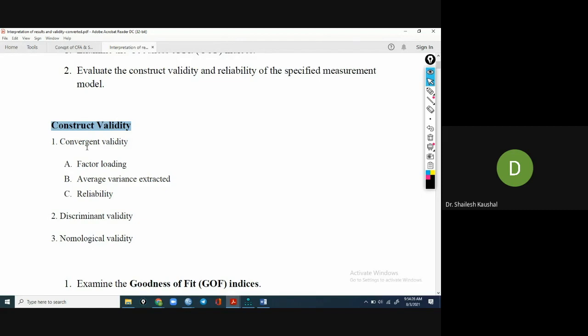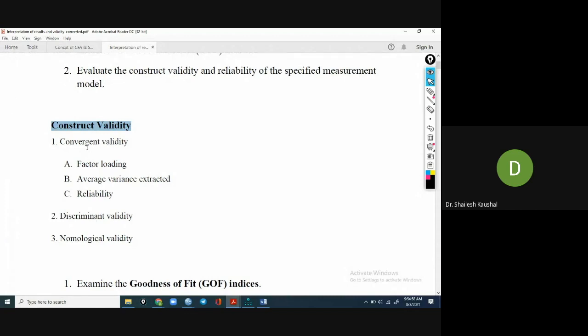Whatever scale we are using, research instrument, constructs or questions, whatever questions we are taking in our study to perform structural equation modeling, there should be some supporting documents. Anyone can ask you how you developed this research instrument and from where you took these constructs.